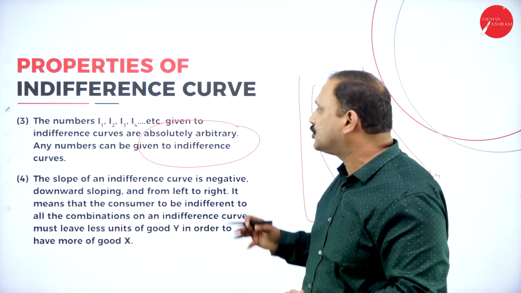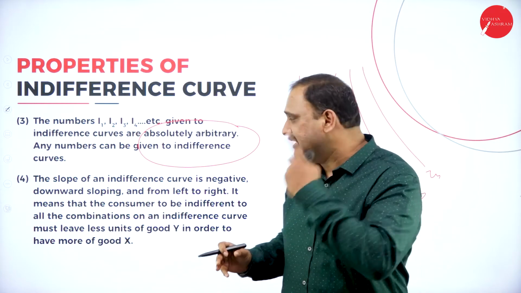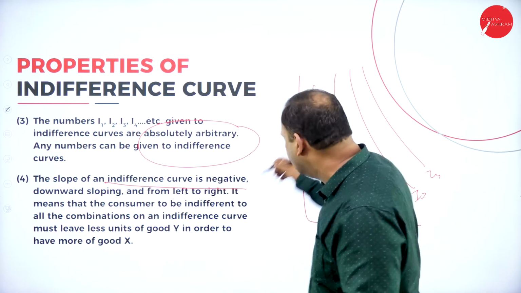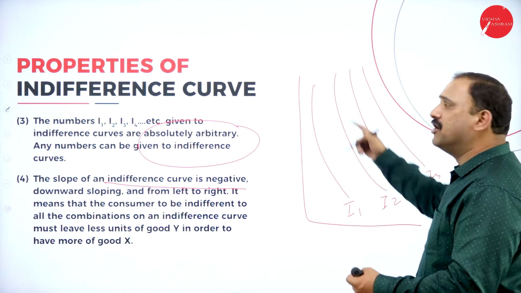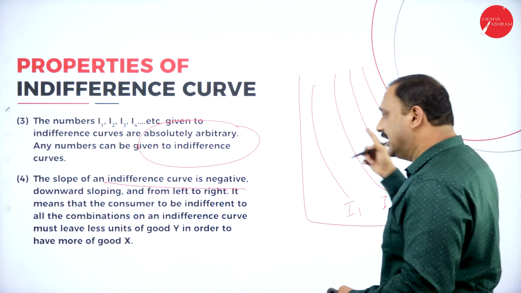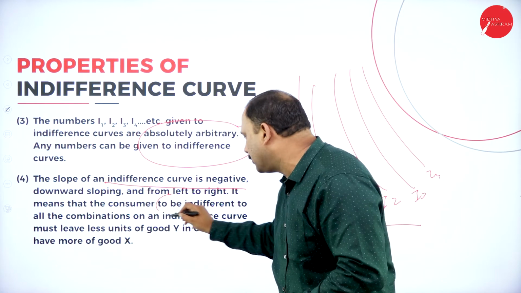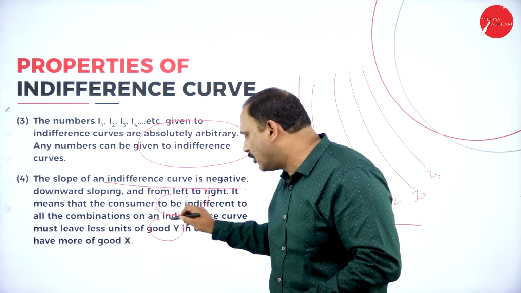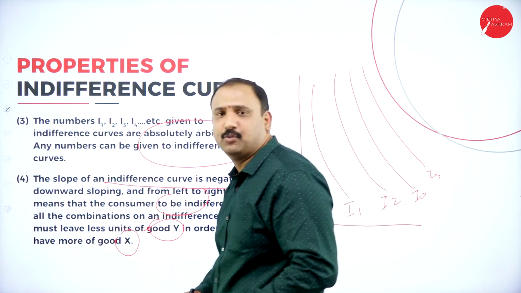That's where we are talking about this rationality. The next thing is the slope of an indifference curve is negative, downward sloping from left to right. It means that the consumer is indifferent to all the combinations on the indifference curve and goes for the good X or has more of the Y factor.